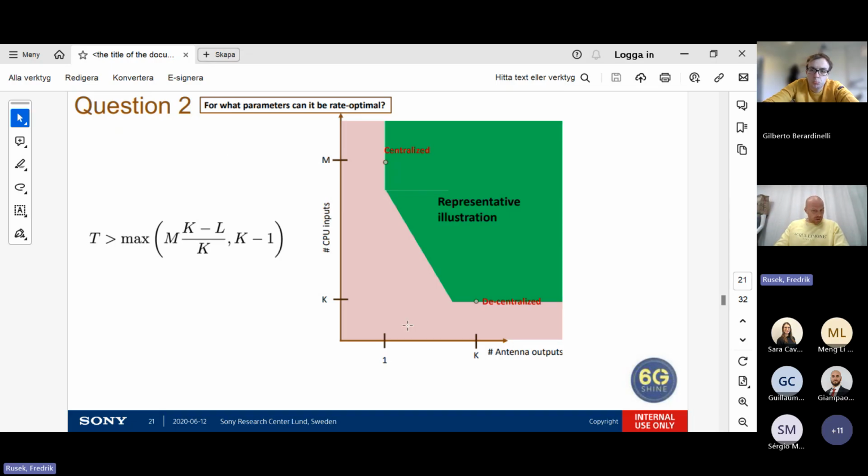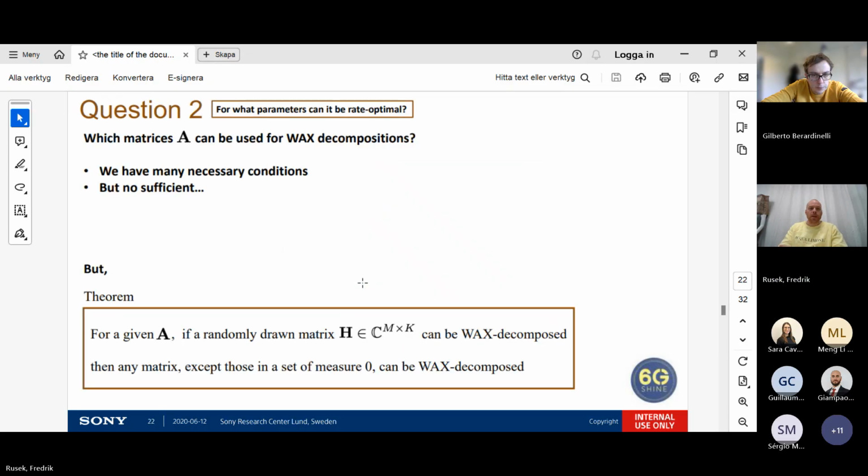So if you now recall the conceptually simpler receivers where we started, it had one output and N CPU inputs, but you can actually do better. You can reduce this a little bit. So here is where we are. In the green region, we are able to operate lossless. In the red region, we are not. It is just not possible.